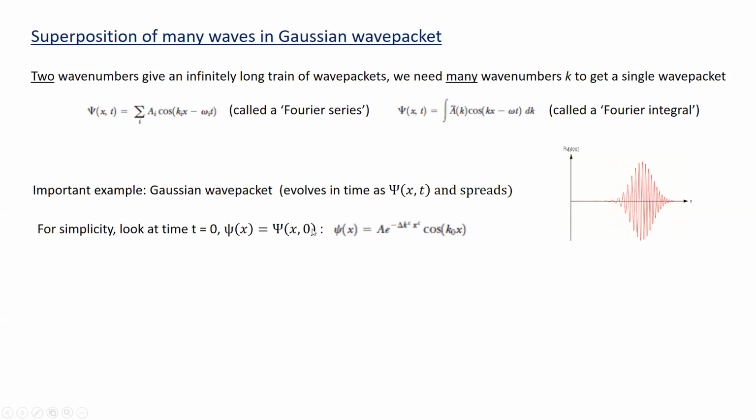And in that case, we can represent psi of x, t as psi of x at t equals 0. So it's just a function of one variable x. And psi of x would be an amplitude times e to the minus delta k squared times x squared, for a Gaussian wave packet.